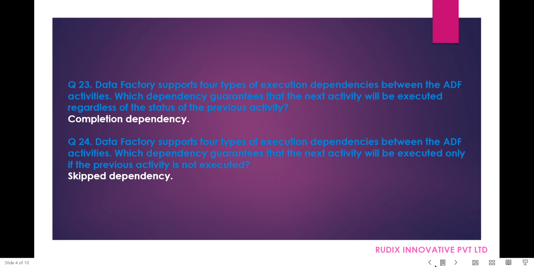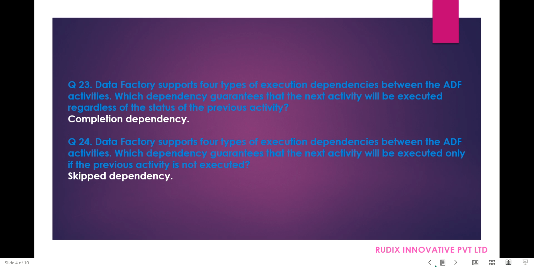Next, Data Factory supports four types of execution dependency between ADF activities. Which dependency guarantees that the next activity will be executed only if the previous activity is not executed? For this question, the answer is the skipped dependency. What does skipped dependency mean?